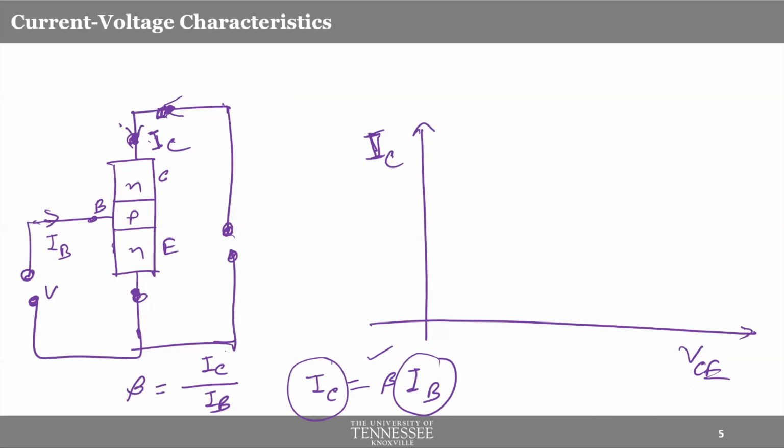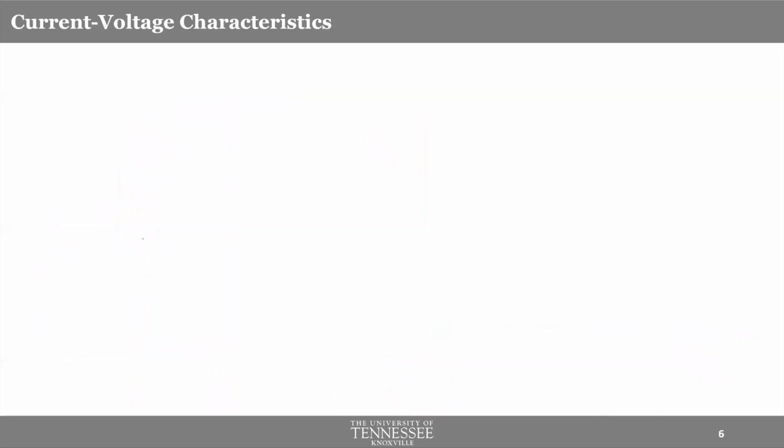Okay, now let's consider that, by the way, this is VCE, and when you apply a positive VCE, just try to look at this NPN junction again. Let me probably just focus on that part.